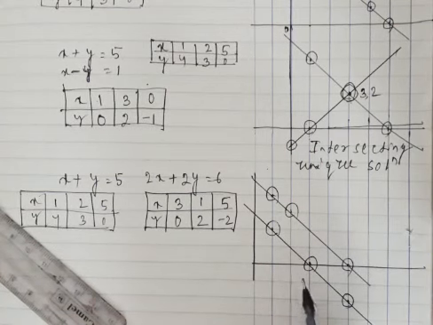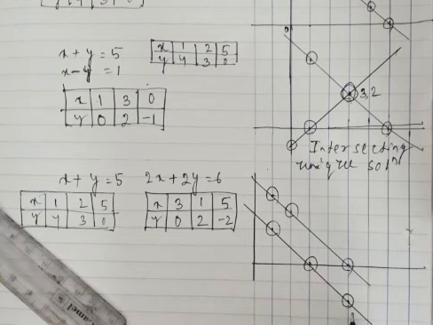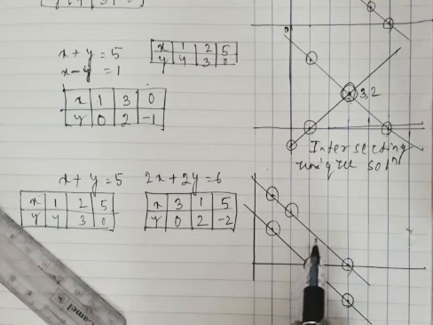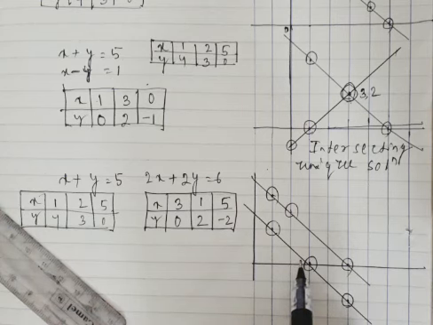Here the lines are parallel, they don't meet each other, so we cannot find a common point on both the lines. So we can say the lines are parallel, and also they don't have a common solution.